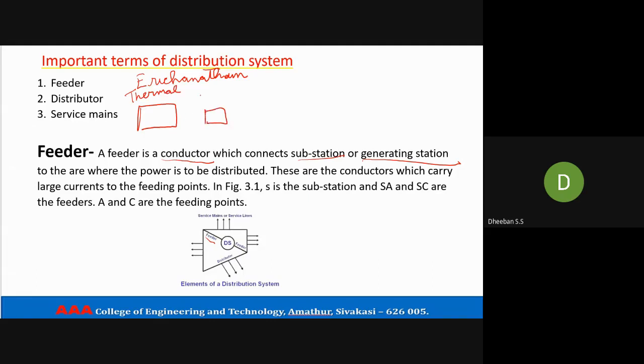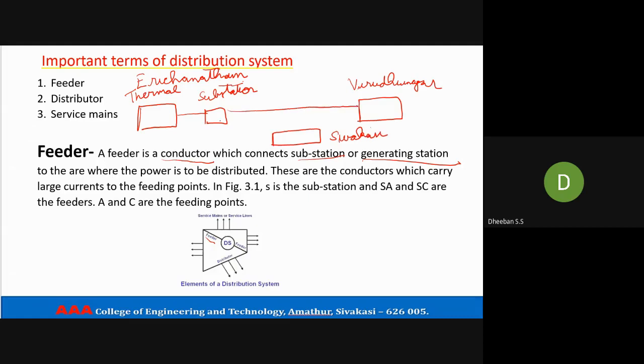The power from this substation will be transmitted to the nearby areas, you can take Virudhunagar and Sivagasi, the nearby villages, which will be supplied.